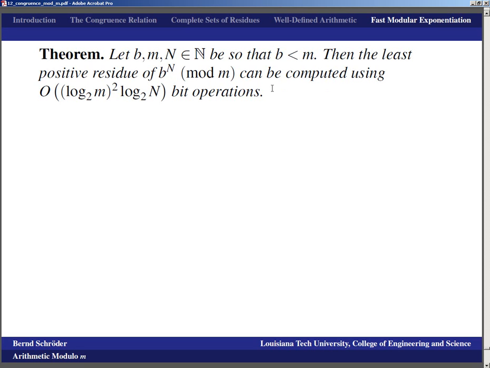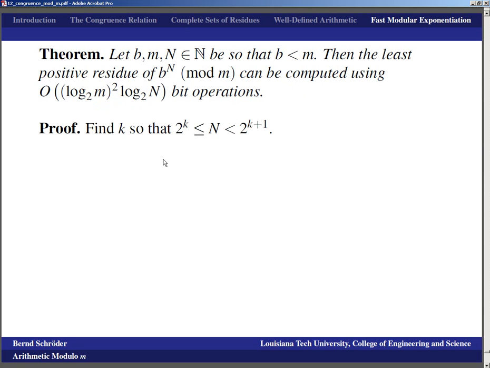This theorem says that this residue can be computed using on the order of O of (log 2 of m) squared times log 2 of n bit operations. It turns out the argument we're going to give will work whether we go modulo m or not, but certainly the modulo m cuts things down, because otherwise numbers get arbitrarily large, and so this log would get a little bit larger here too.